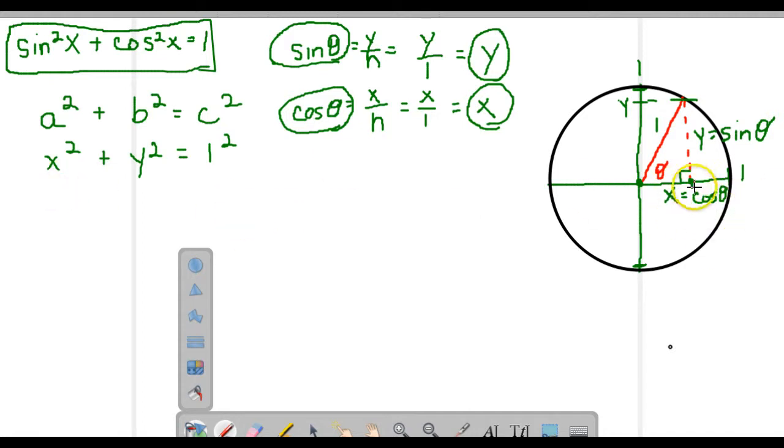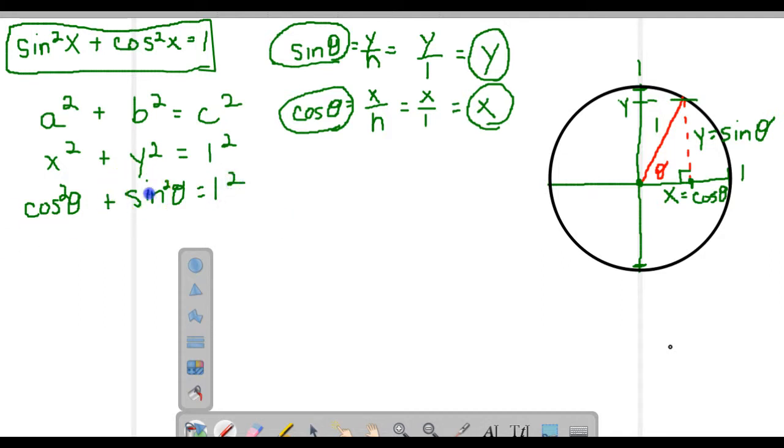So cosine of theta squared plus the y, which is really just sine of theta, squared equals 1 squared. That stays the same.